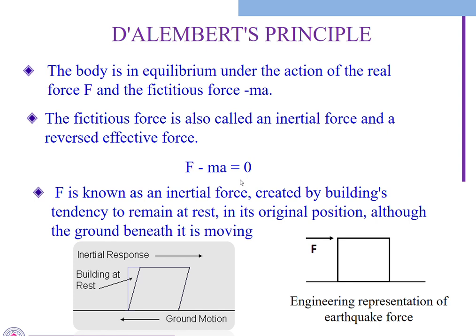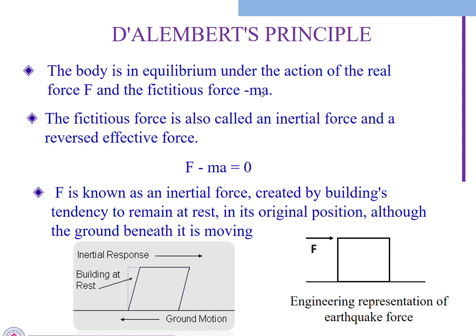Similarly, we have another way to solve the equation of dynamics: D'Alembert's principle. Here the body is in equilibrium under the action of the real force F and the fictitious force ma. The real force indicates the ground excitation or ground motion, whereas ma indicates the force when the body is tilting or moving in the opposite direction, which is the fictitious force.